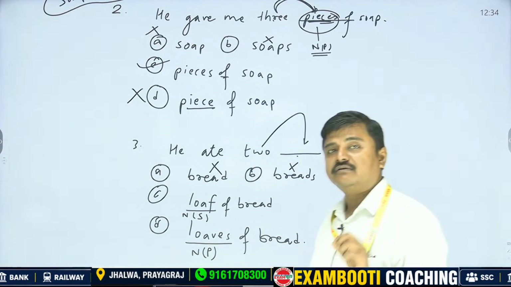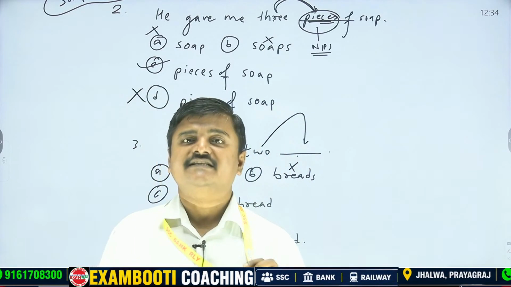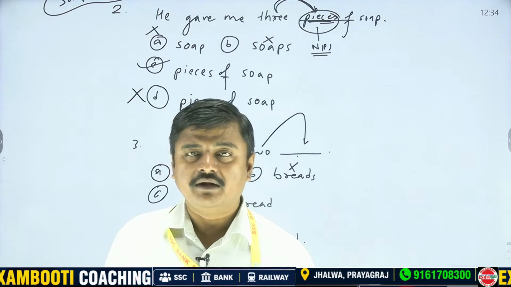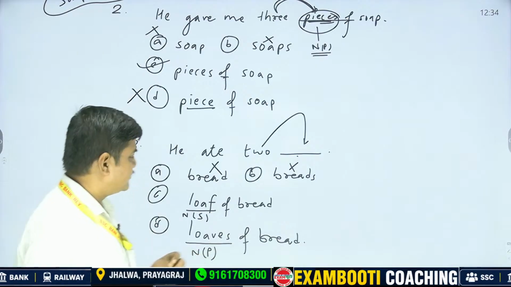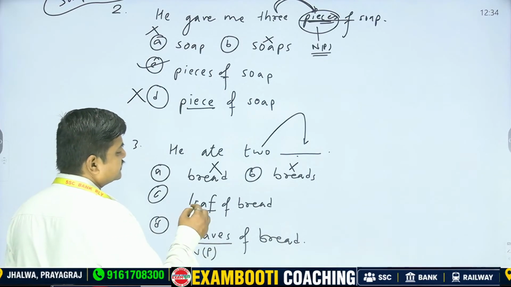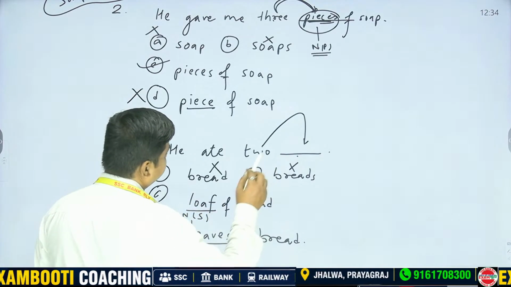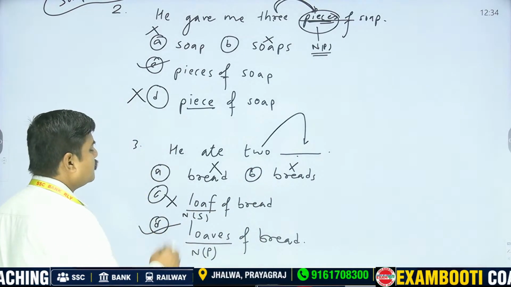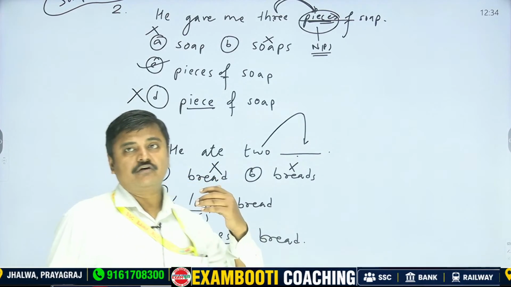Now here comes the importance of phrases that give countability to uncountable nouns. Now this loaf of is actually singular, so you cannot write it either. So this is also wrong, and your correct answer will be loaves of bread. He ate 2 loaves of bread.